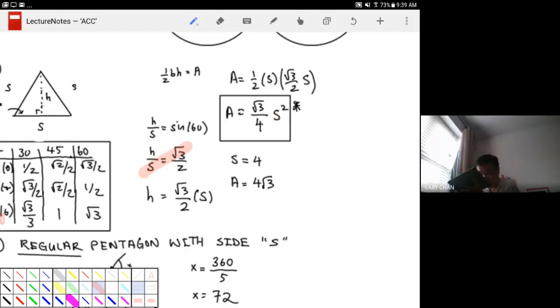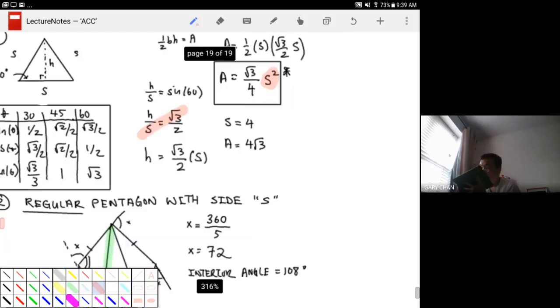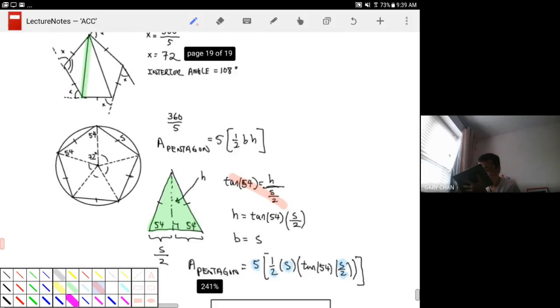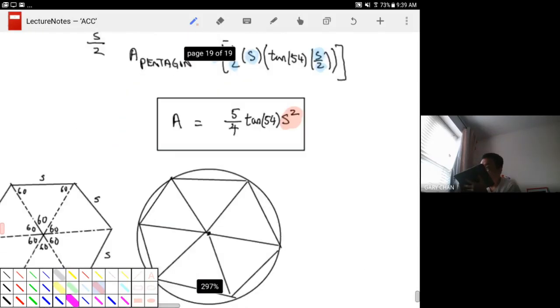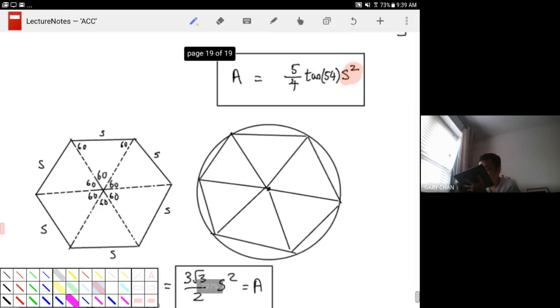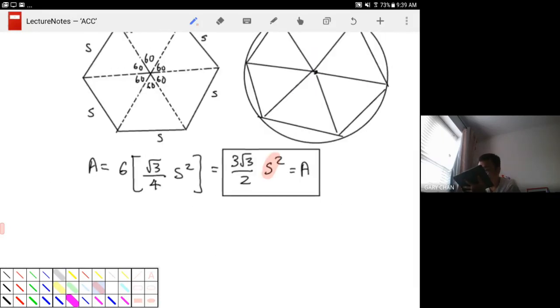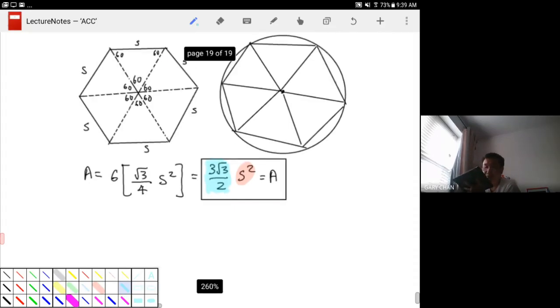They all have the s squared in it, and the difference is a matter of how much we're multiplying with the s squared, and that factor on the outside really dictates what the area will turn out to be. Anyway, I'm just trying to point out some commonality between all the formulas here.